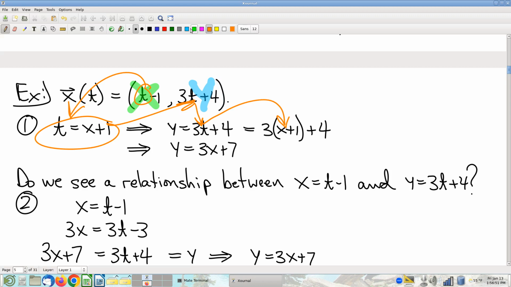So, in doing so, notice that the punchline is that you have eliminated t from the algebra, multiplied out, collect terms, and what you end up with is an equation satisfied by those formulas. In other words, you found an equation for whatever it is that's being drawn by this parameterization. Everybody see the process there? Solve for t in one equation, plug it into the other equation.